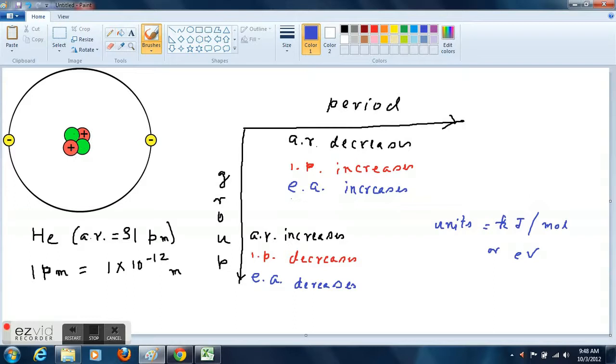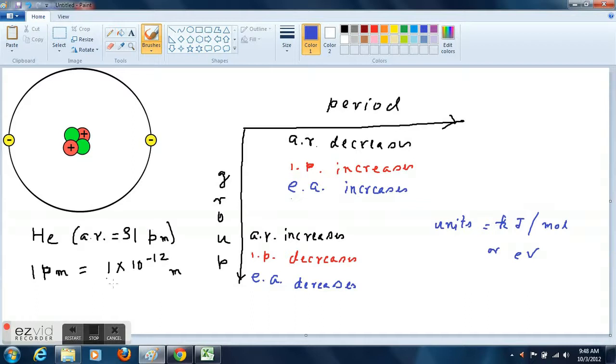Basically atomic radius is very small, so we need a very small unit, and 1 picometer is 1 into 10 to the power minus 12 meter. So you can see in the diagram two yellow color electrons, two green color neutrons and two red color protons. Now let us talk about their periodic properties.